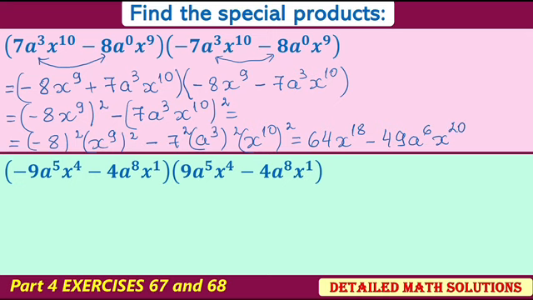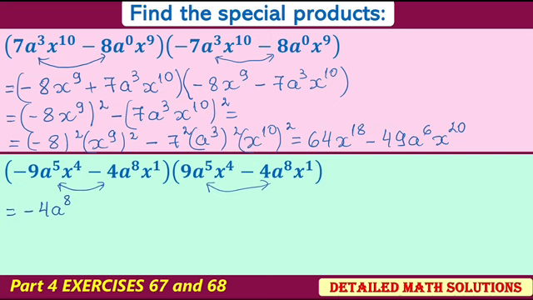For the next exercise, again, I need to write it in a way that I can apply the formula. I need to switch the places of each term within each parenthesis. This way, I can write this as minus 4a to the 8th power. And we know that by the rules of exponents, any number to the power of 1 equals the same number.